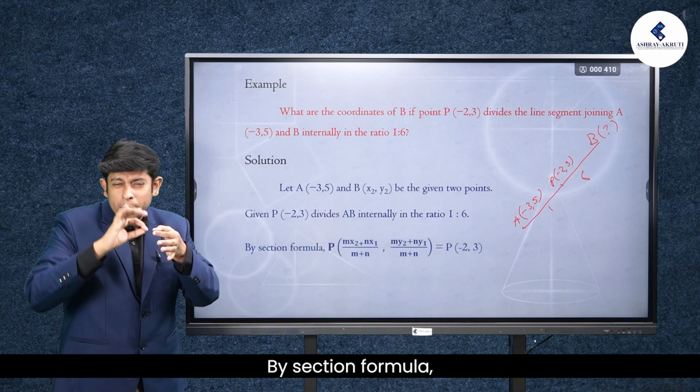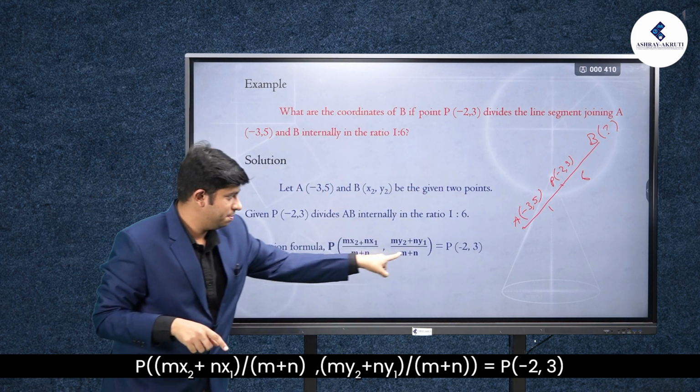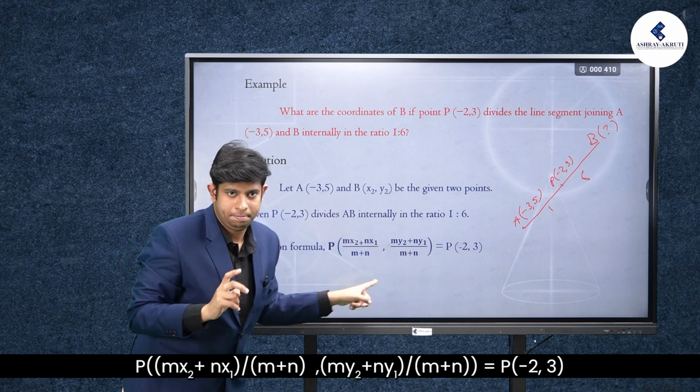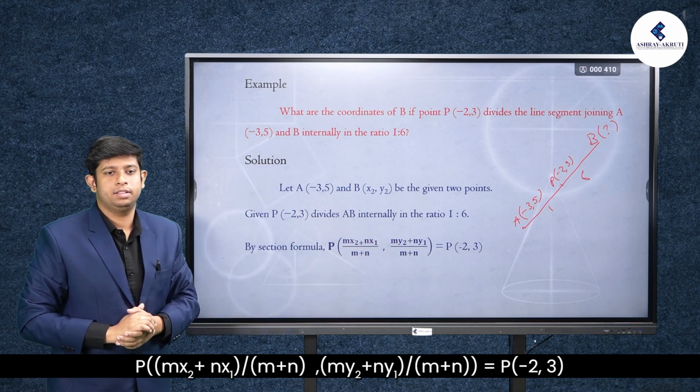By section formula, P of (mx2 plus nx1) by (m plus n), comma (my2 plus ny1) by (m plus n), is equal to P of minus 2, 3.